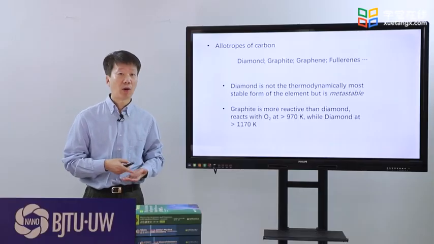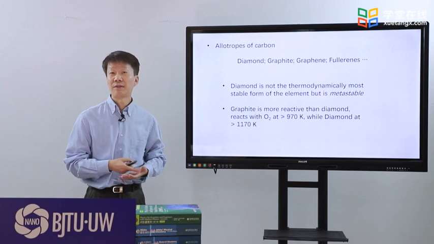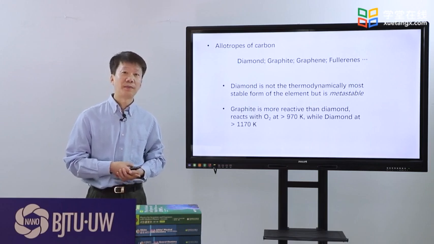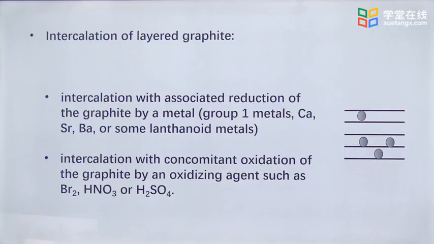Graphite is more reactive than diamond, reacting with oxygen at higher than 970 K, while diamond at higher than 1170 K. Graphite has a layered structure. See the structure here for reference. Then it can form intercalation compounds.